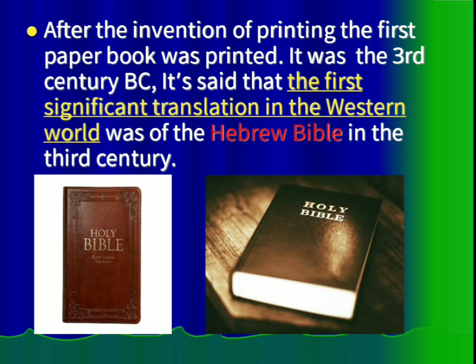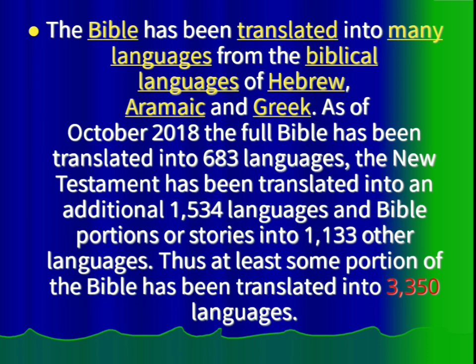After the invention of printing, the Bible has been translated into many languages, from the biblical languages of Hebrew, Aramaic, and Greek. As of 2018, the full Bible has been translated into 683 languages.